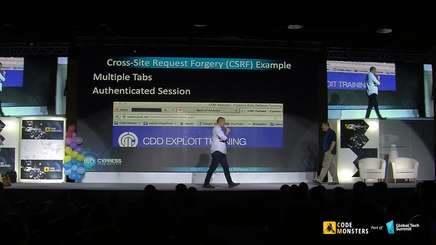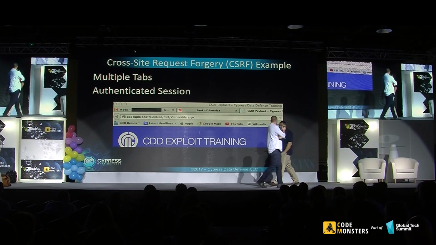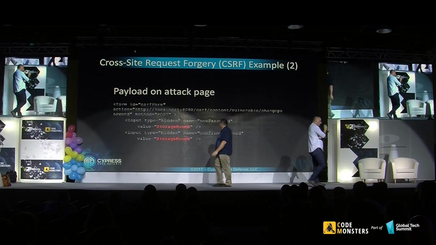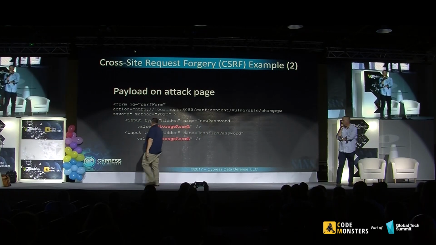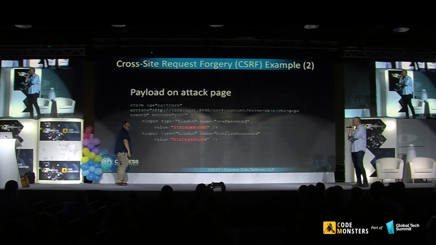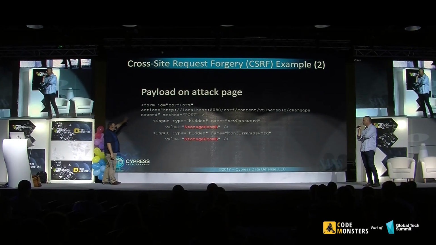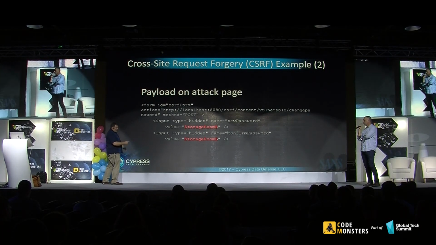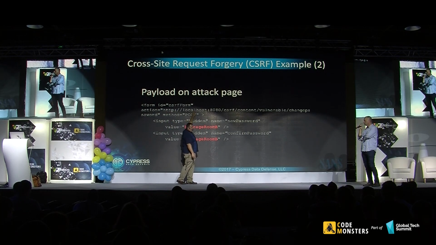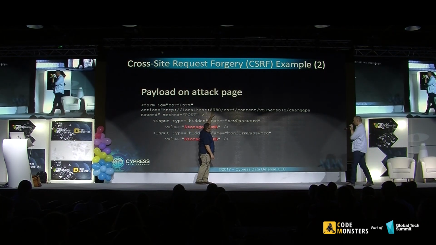So what can we do with this? What does this look like in code? This is just a simple form that does a post out to the same protocol, site, and port.